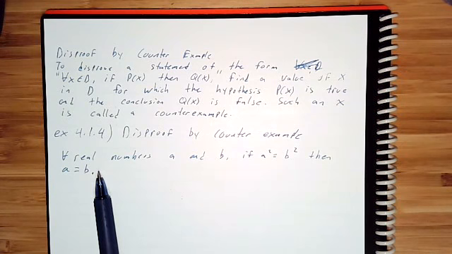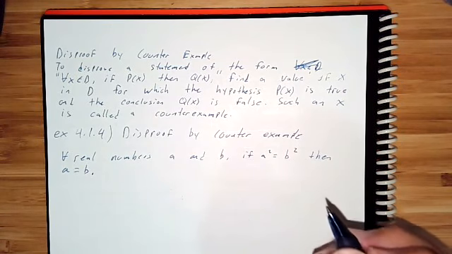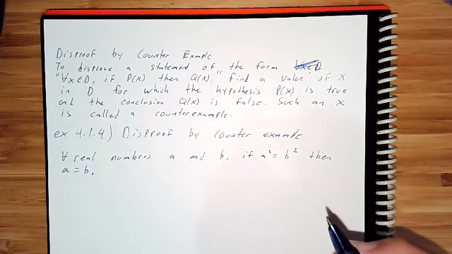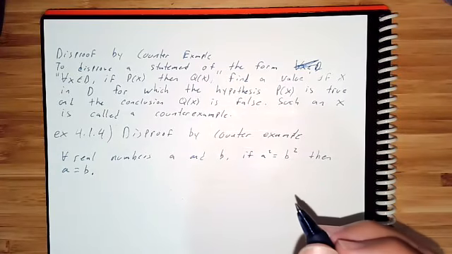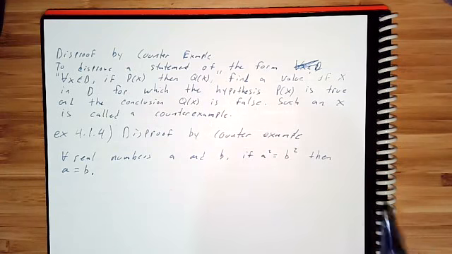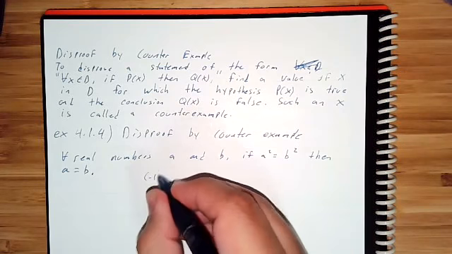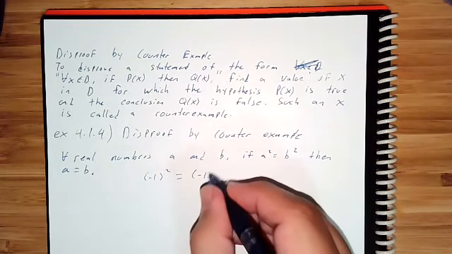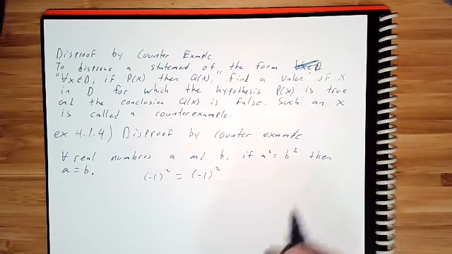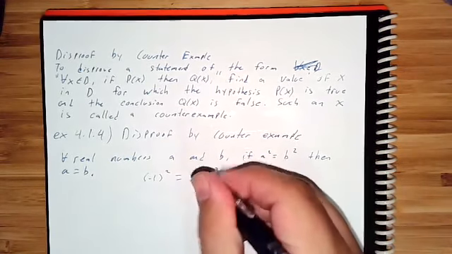For example, an easy one would be, let's see here, counterexample. Let's see if we use the negative numbers here. -1 squared is equal to 1, right? Sorry, let's be different.